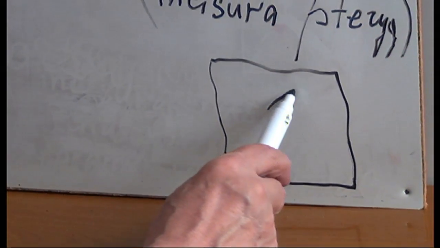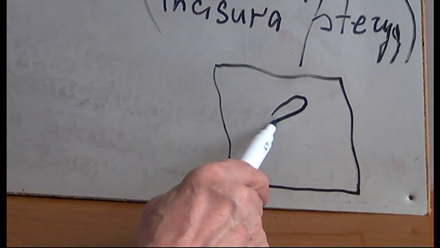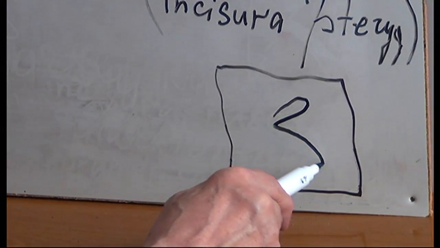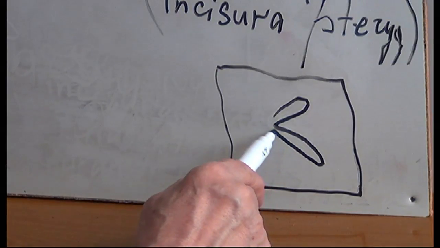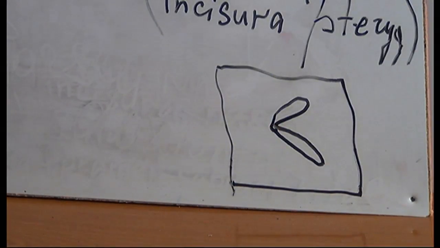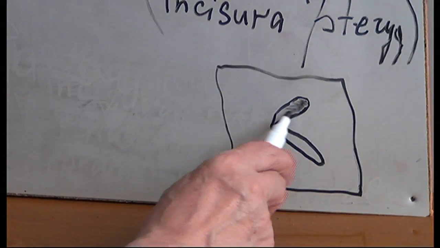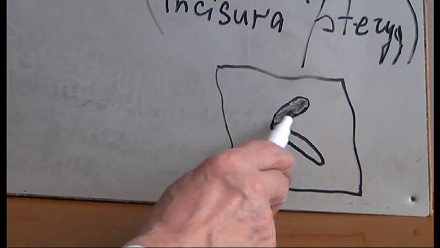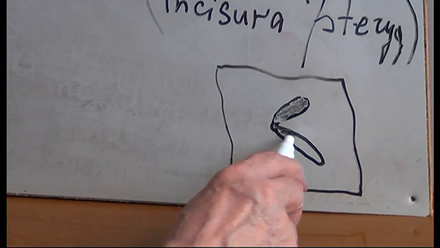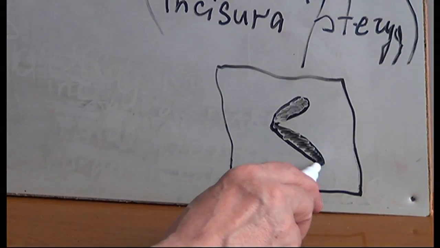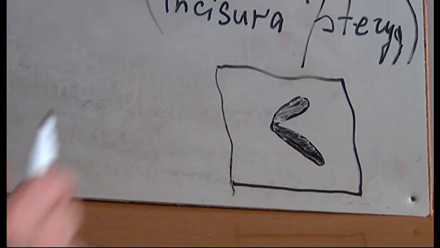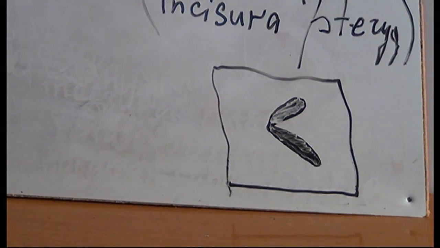And there we can find two fissures: fissura orbitalis superior and inferior. I shall colorize them with dark, black color.